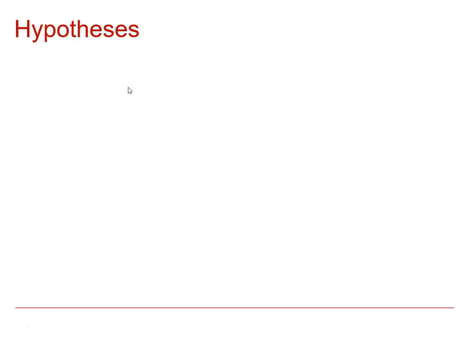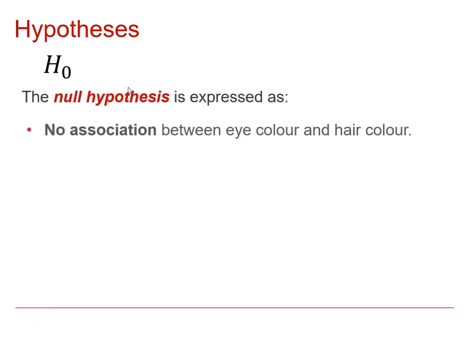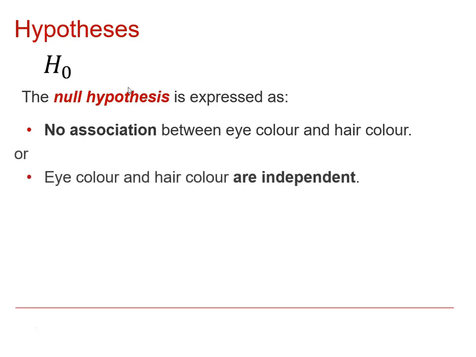So naturally our test will require hypotheses. As standard, the null hypothesis is that there's nothing out of the ordinary. Everything is as expected, no association. So we present H0 as no association between eye colour and hair colour, or eye colour and hair colour are independent.